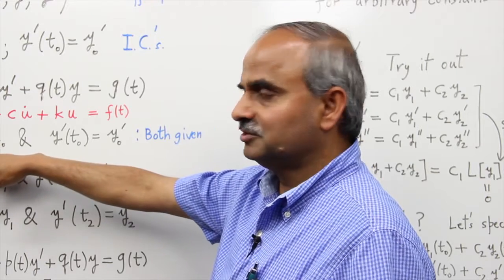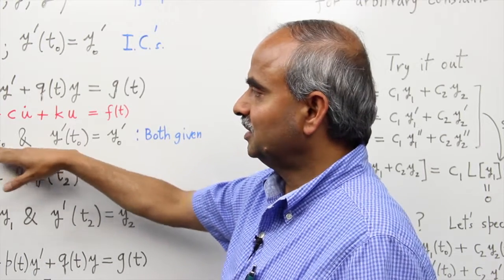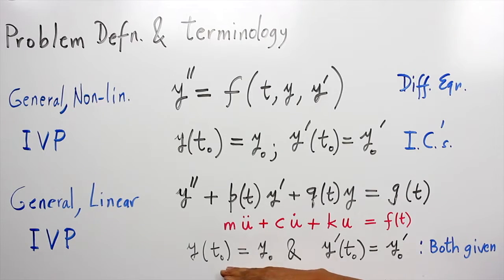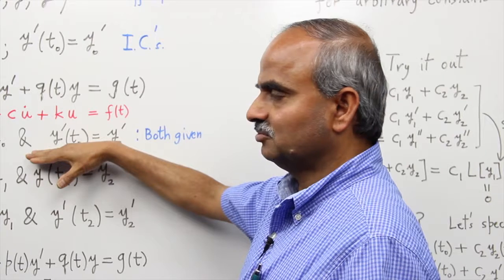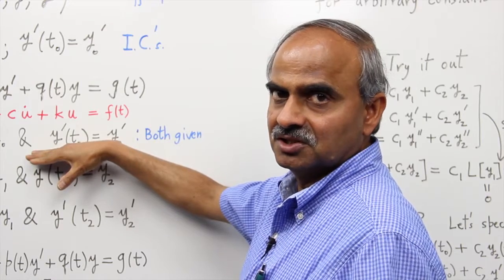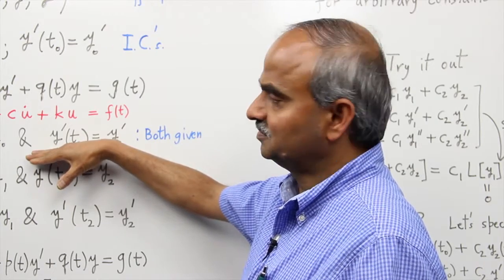To complete the specification of the initial value problem, again we have the same conditions: the value of the function and its time derivative at time t equal to 0 are both given, and that describes the initial value problem for the general linear second order differential equation.